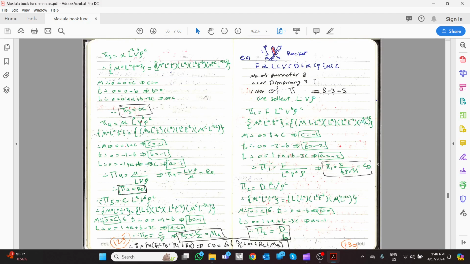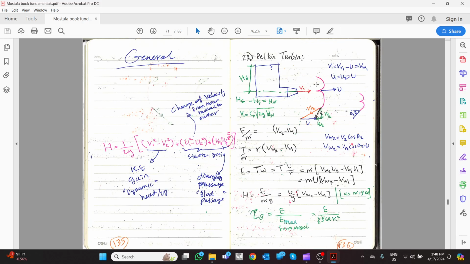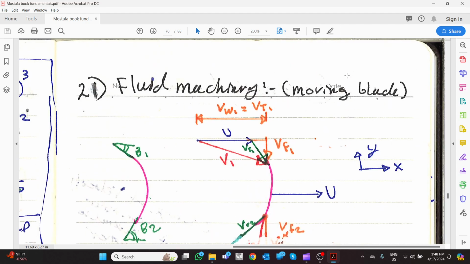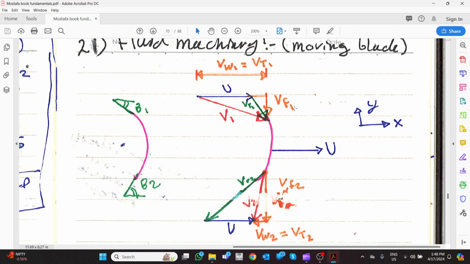Now we need to check the applications. Some applications with respect to all of the above, but with additional information related to the application itself. First example, for fluid machinery, when we have a moving plate, imagine it is theoretical imagination. There is no equipment which has such a condition.